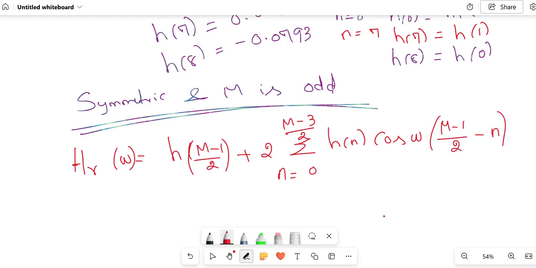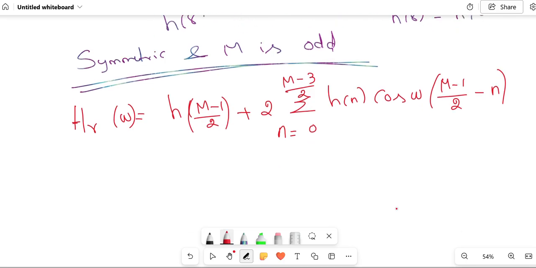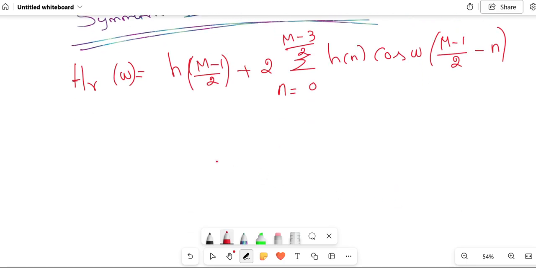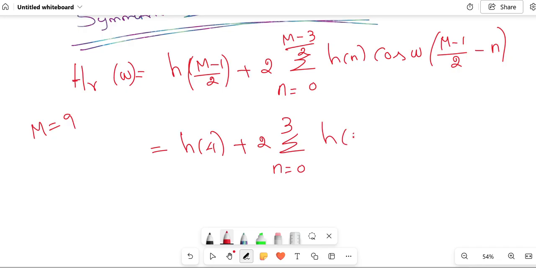This is for m odd. Substituting m equal to 9: h of 4 plus 2 into the summation from n equal to 0 to 3 of h of n cos omega of 4 minus n.